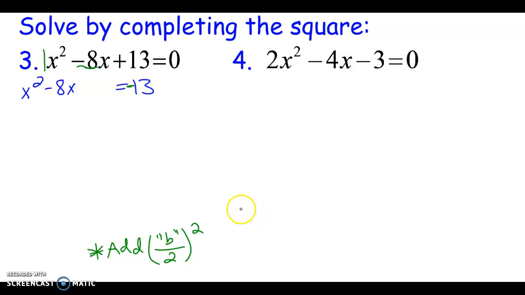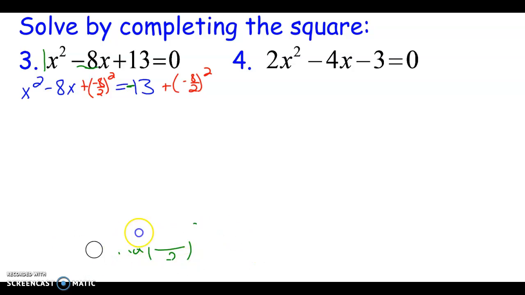If we want to add b over 2 squared, we're going to add negative 8 over 2 squared. Okay, so I'm going to show the long way to do this, and then I'll show a shorter way. The long way is just to multiply it all out.